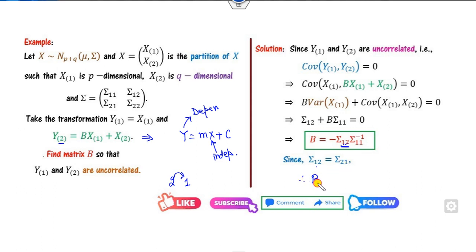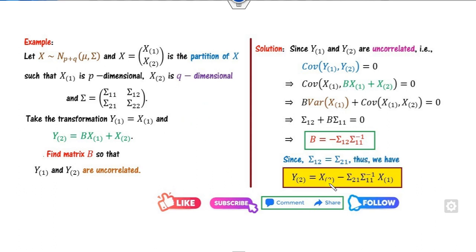So therefore B will be my minus of this. So y2 will be my, and you know this is just like say regression equation. This is the line called as the regression line of y2 on y1. So that's a dependent way.